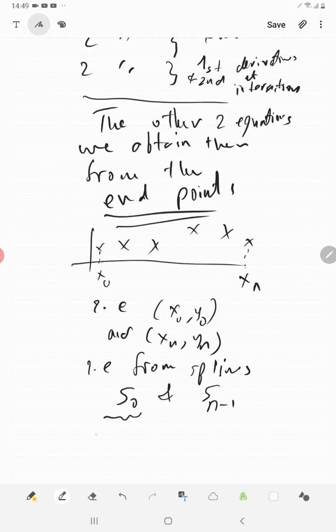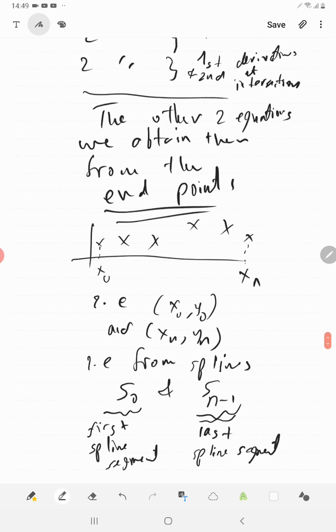This is the first spline segment, and this is the last spline segment.